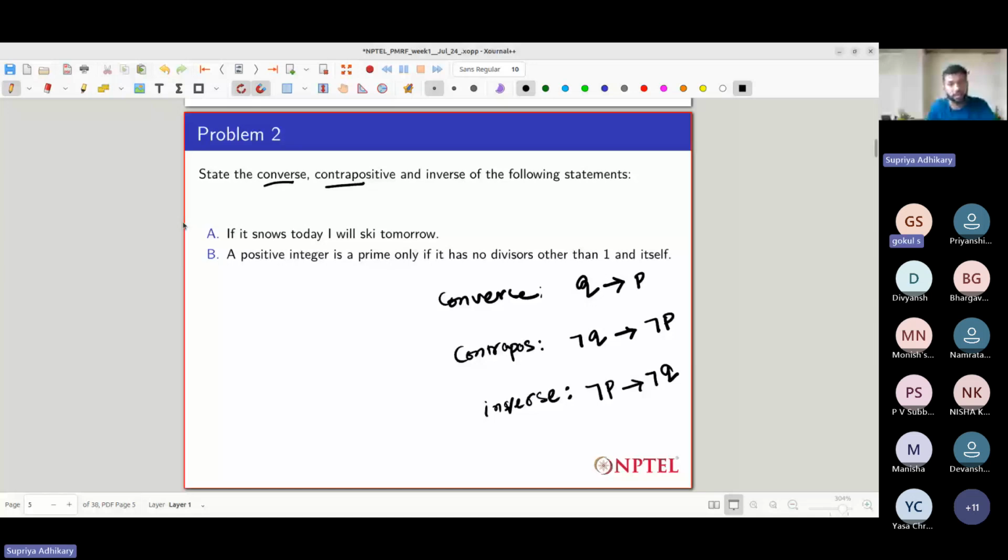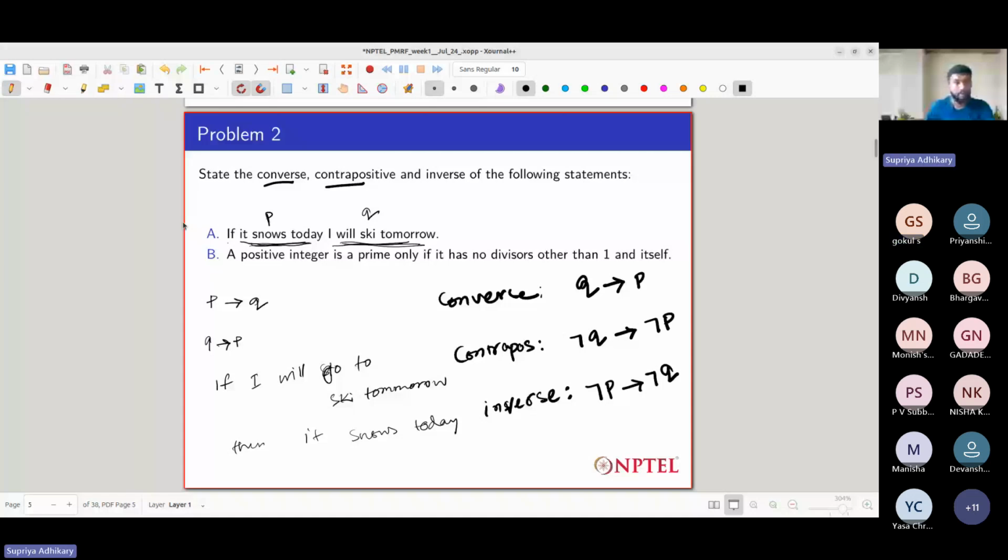If it snows today, this is our proposition P, and I will go to ski tomorrow is our proposition Q. So this is the statement A, P implies Q. The converse statement is Q implies P, so it should be: if I go to ski tomorrow, then it snows today. This should be the converse statement of statement A.